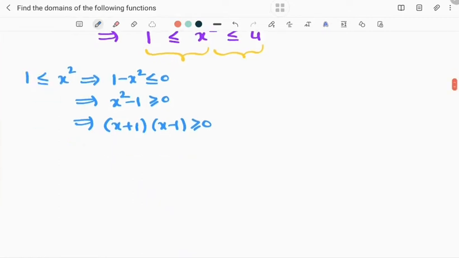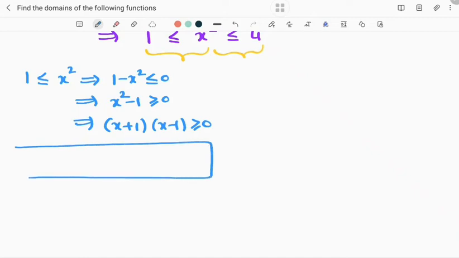We know, as I discussed in the earlier classes also, x minus alpha into x minus beta is greater than or equal to 0 when alpha is less than beta, x belongs to open minus infinity to closed alpha union closed beta to infinity.